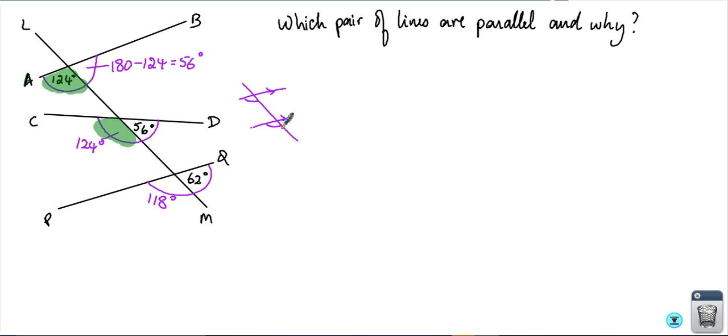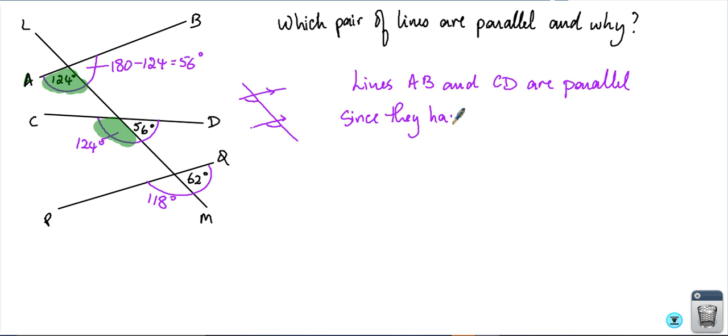So I'm going to say the following. Lines AB and CD are parallel since they have a pair of corresponding angles.